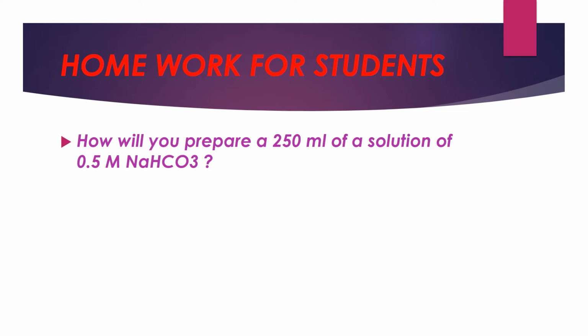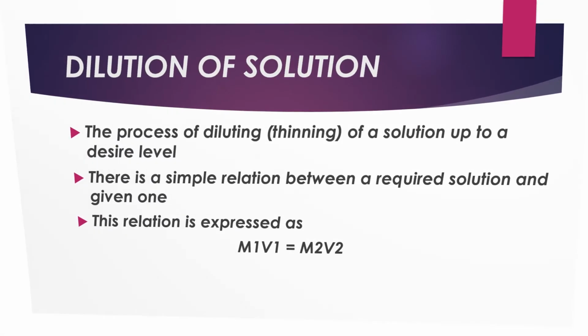So this is homework for students. They should solve this question according to the previous examples, example 6.4 on page number 116, and the same formula should be applied there. This should be solved by the students and will be checked by the teacher at school.